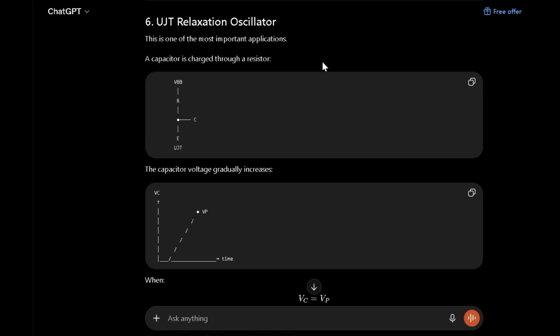The capacitor is charged with a resistor. You know what an oscillator is? In a mobile phone there is an oscillator which generates a carrier wave.